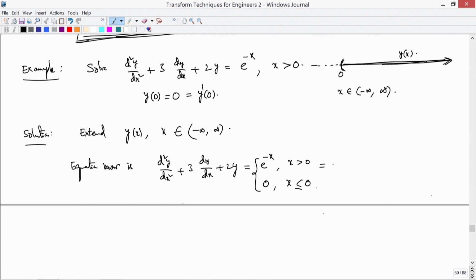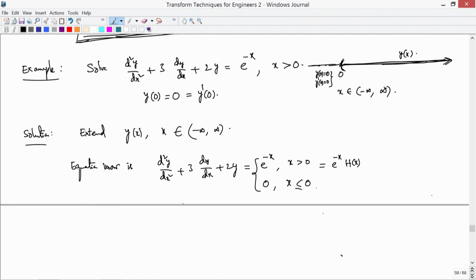This is actually the same as saying e power minus x times h of x. This is how I take that extension, because on the negative side it is already y of 0, so y of 0 is actually 0 and y dash of 0 is equal to 0. Suppose these two conditions are given at this point.